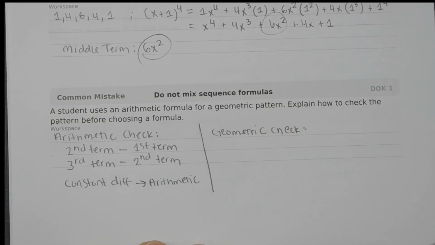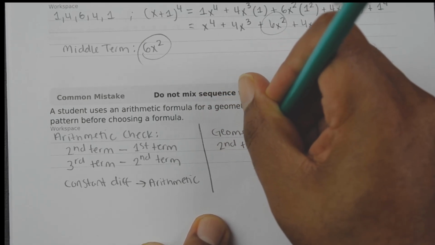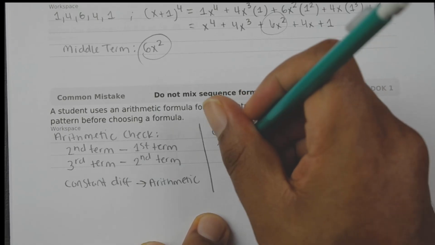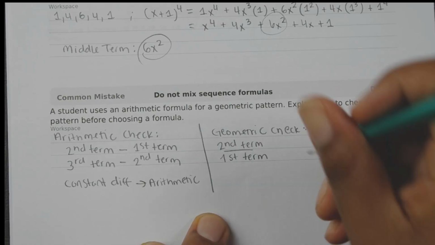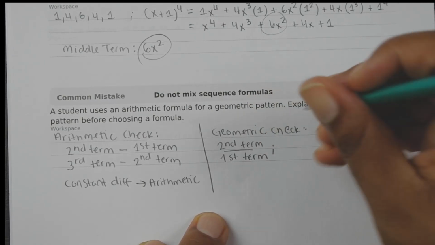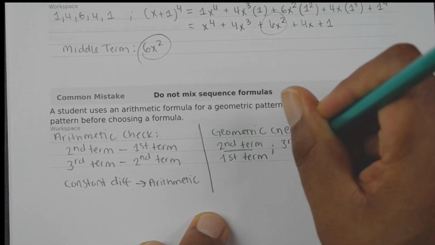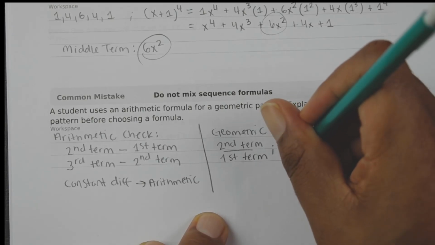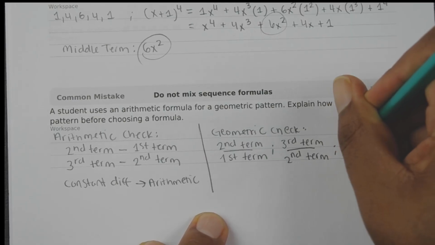Geometric check is this. The geometric check is the second term divided by the first term. That'd be the first thing, and then you would do the third term divided by the second term, and so on and so forth.